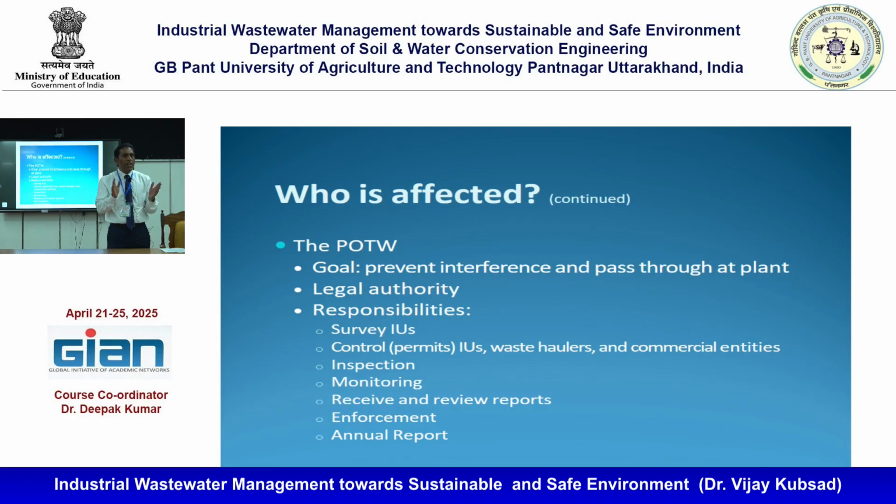In that authorization, they say whatever wastewater you are producing, how you are managing, how much volume you produce today. An online flow meter is fixed on the outlet, so every day it will record how much wastewater is produced.